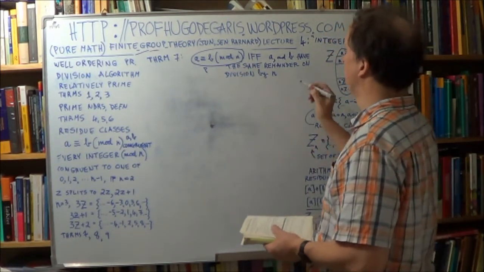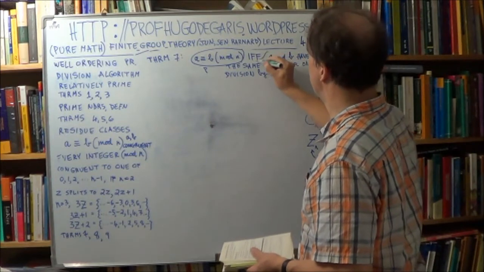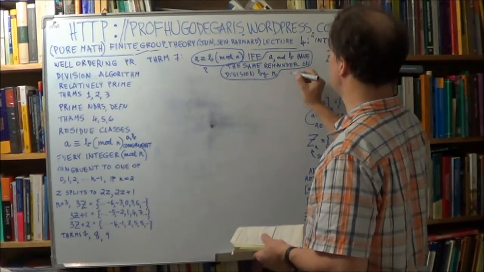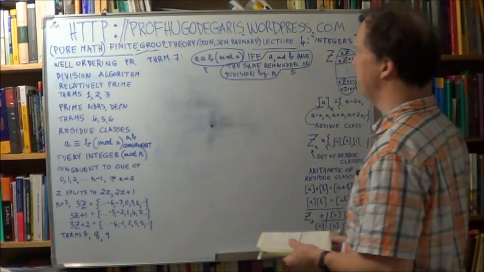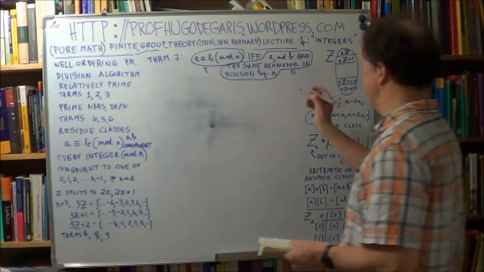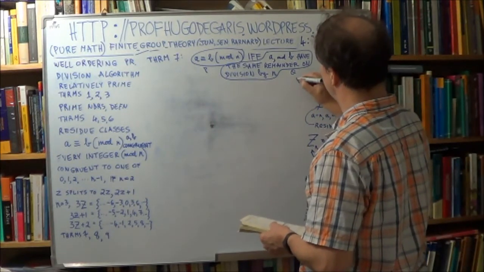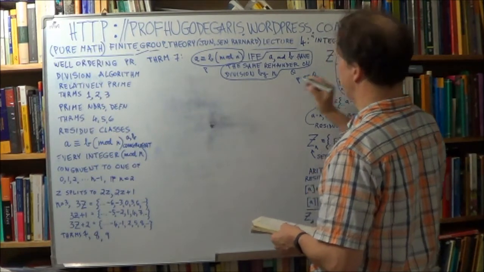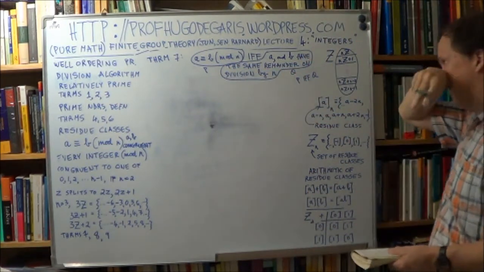Okay, and we'll call this statement Q. So we have to prove P if and only if Q. Right, left hand side if and only if right hand side.